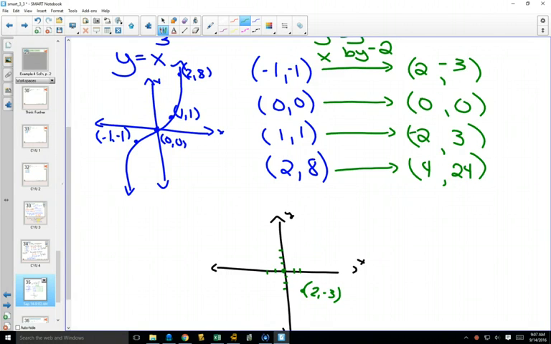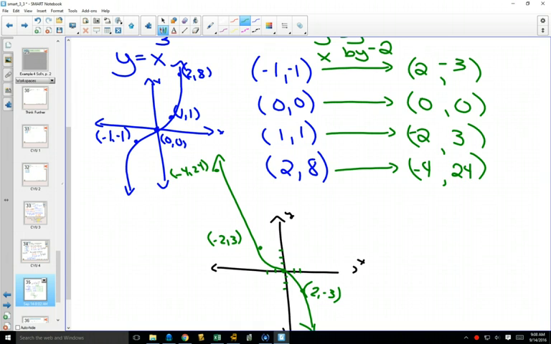X by negative 2, this would be negative 2, 3 would be here. 4 comma, wow, I missed all my negatives, didn't I? Negative 4, 24 would be up here. And so we can get the graph in the end by just looking at our points.